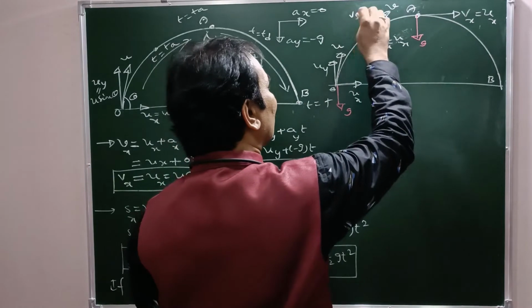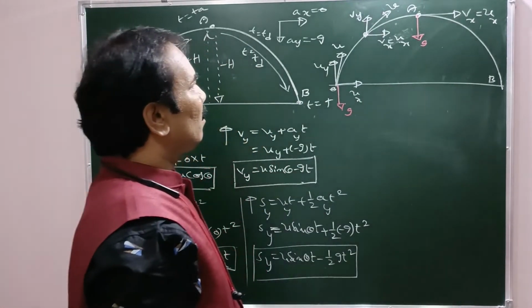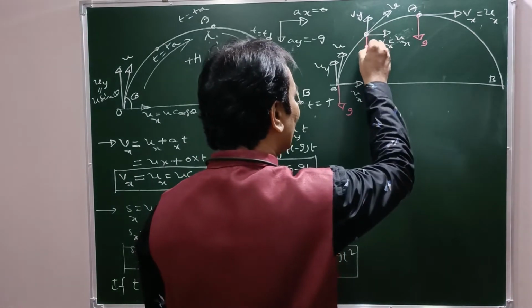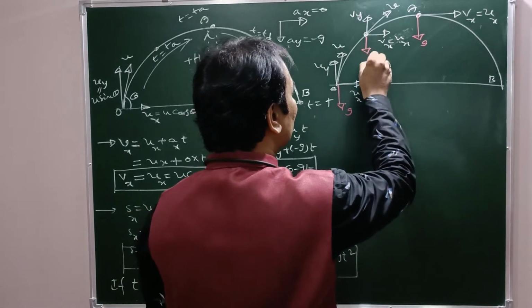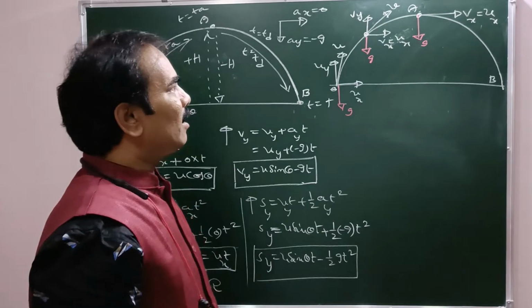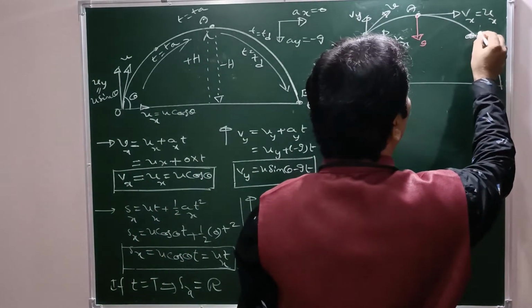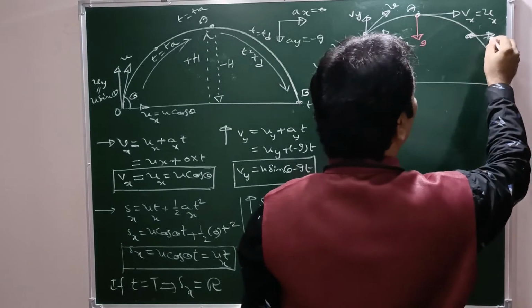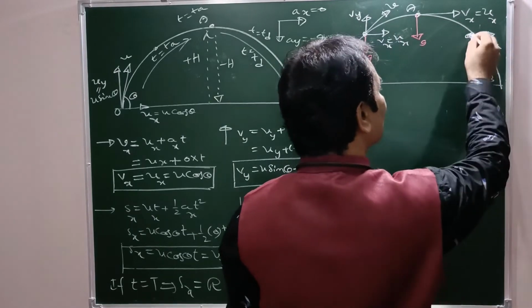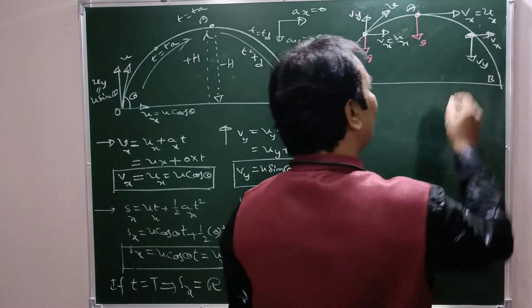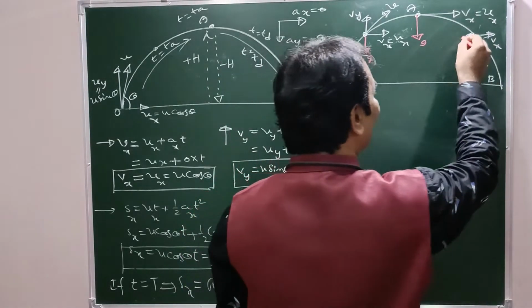Here also the particle is subjected to gravity, so it has acceleration due to gravity vertically downwards. Suppose I take one more point somewhere here: Vx is also equal to Ux, and here it is Vy. Acceleration due to gravity is again vertically downwards.